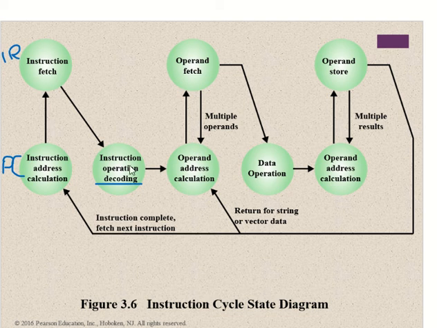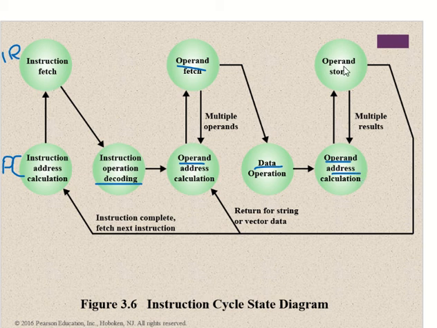So you decode the instruction and try to understand what this operation is. Based on the operation, you need the address of the operand, so you find out the operand's address. Then you fetch the operand and perform the operation. After you perform the operation, you may have to store the result back. So where to store the result?